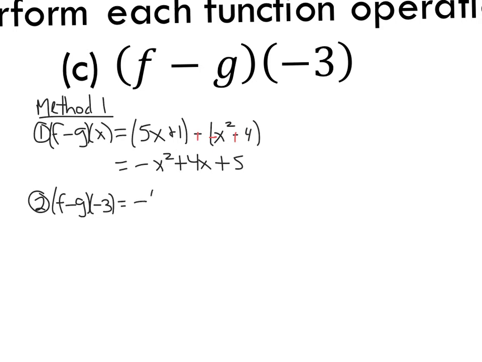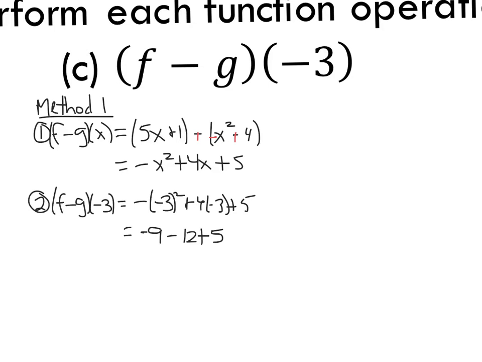So negative 3 squared plus 4 times negative 3 plus 5. Now you can type that into a calculator in one step, or you can do order of operations. Negative 3 squared is 9 times negative 1 is negative 9 minus 12 plus 5.